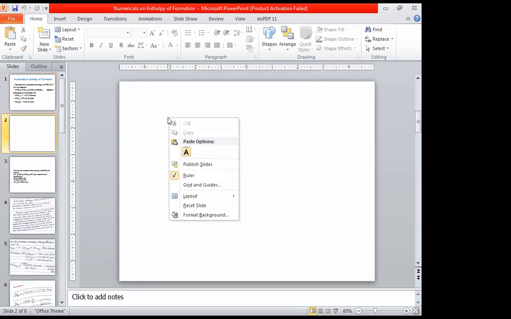For example, we have taken one half N2 gas plus 3/2 H2 gives NH3. So this reaction is called a formation reaction.